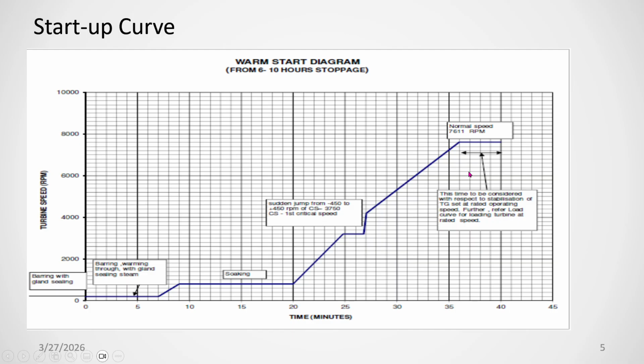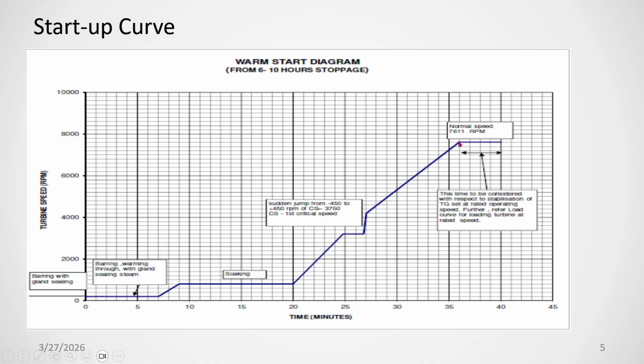So there also you have to maintain the initial startup, then 500, then again increase the RPM by 1000, hold there for 10 minutes, then again increase the RPM, hold there for 5 minutes, and then hold for 2 to 3 minutes, and then quickly pass the critical speed, and go to the rated speed within 15 minutes.